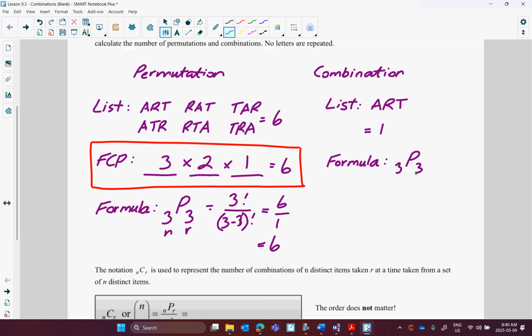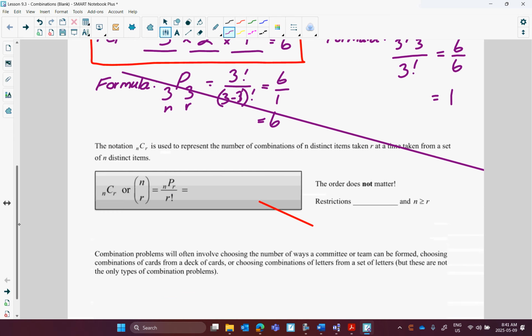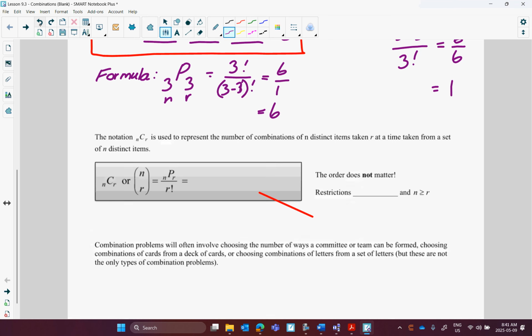So I have to divide those repetitions away, which means dividing by how many different ways I can arrange 3 different letters. So we get 6 divided by 6, which equals 1. And that leads to the formula to find combinations, which we will use, although you can use your calculator. We'll talk about how you use your calculators in a second.